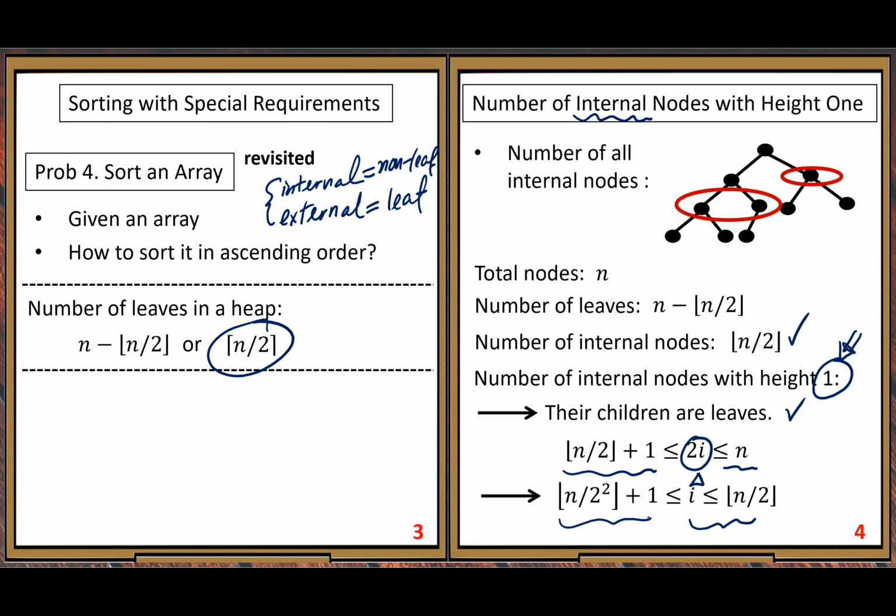Actually, I need to show you another intermediate step. Then you can get here with better understanding. So let me show you the intermediate step, this one.